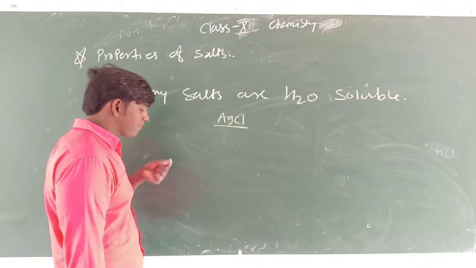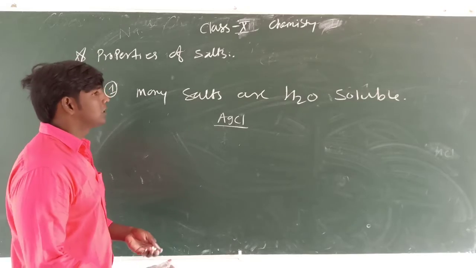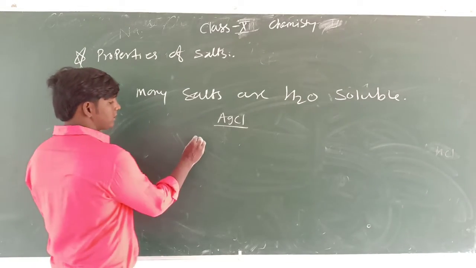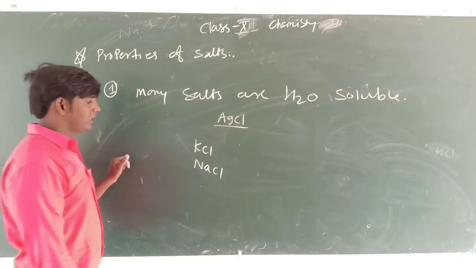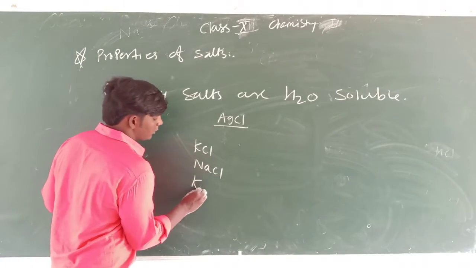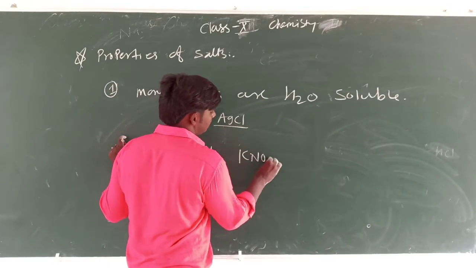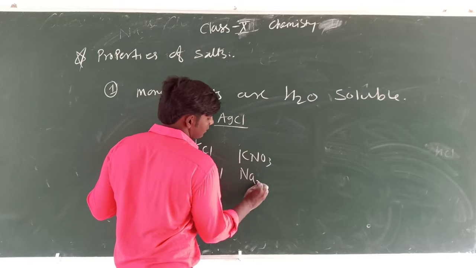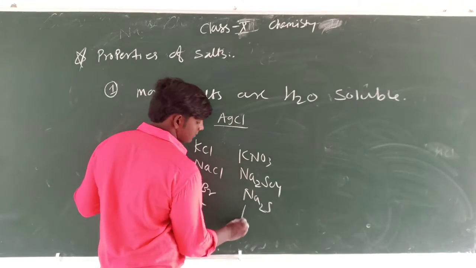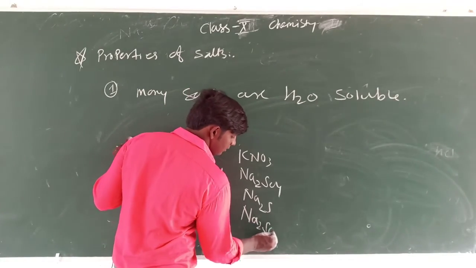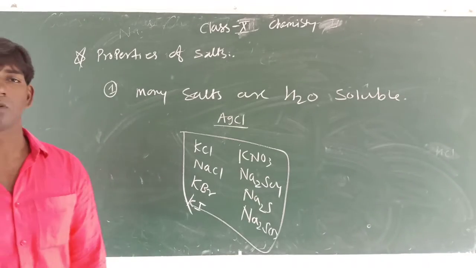This is a water insoluble salt, but many salts are water soluble, like potassium chloride, sodium chloride, table salt, potassium bromide, potassium iodide, potassium nitrate, sodium sulfate, sodium sulfide. These all are water soluble salts.